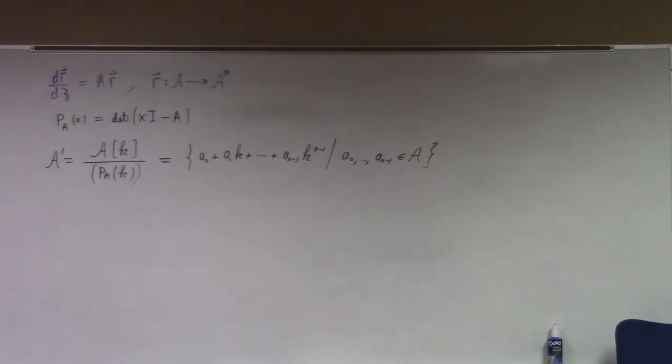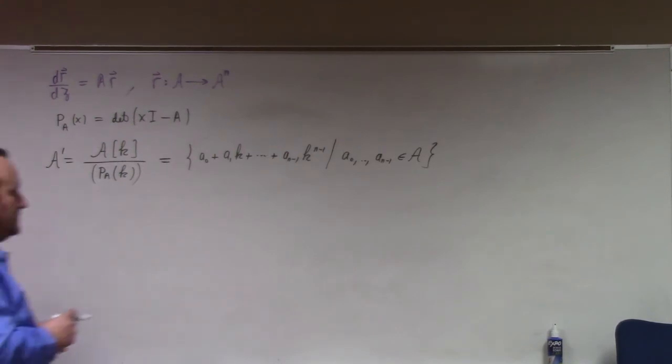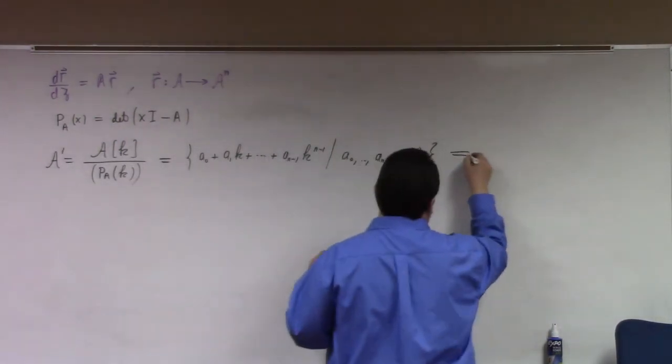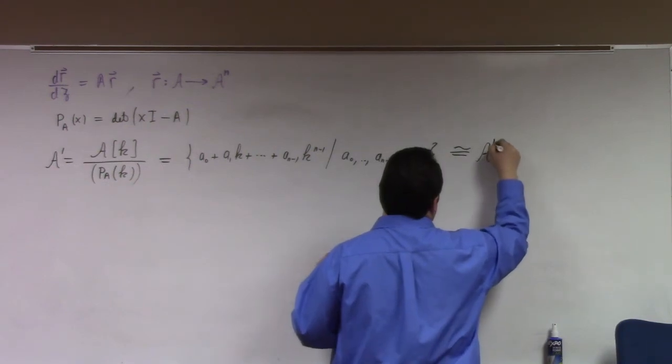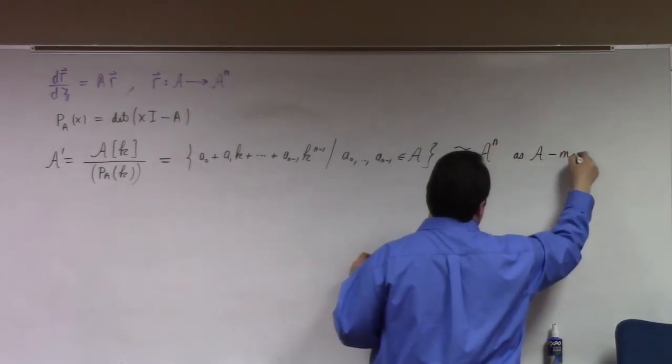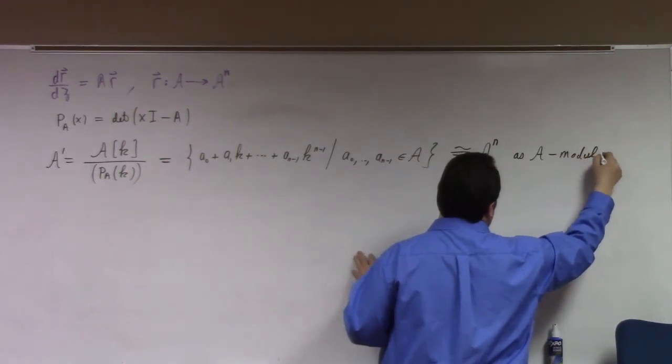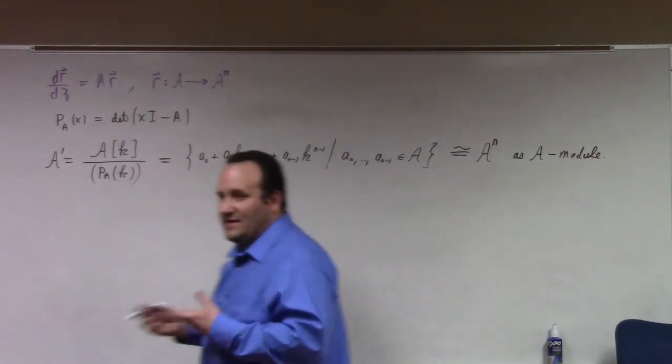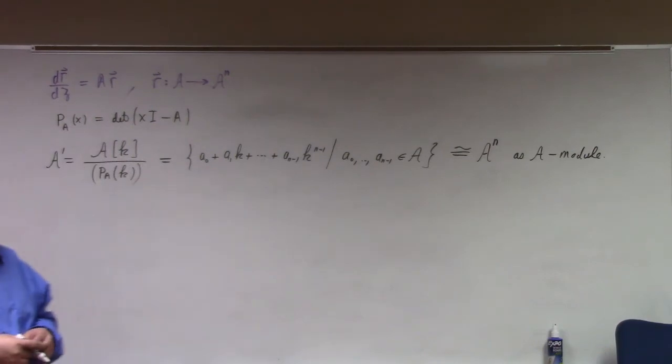In other words, I'm claiming that A prime is a free A module of dimension n. So up to isomorphism, this is essentially just A^n as an A module. It's an n-dimensional vector space over the algebra, although that's abusive terminology, because the algebra is not a field.